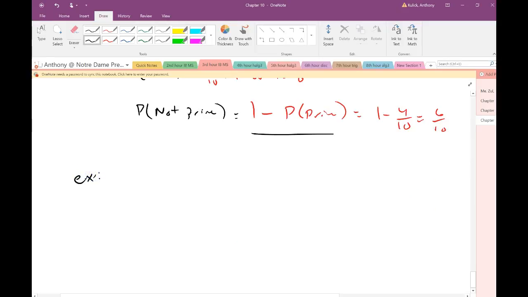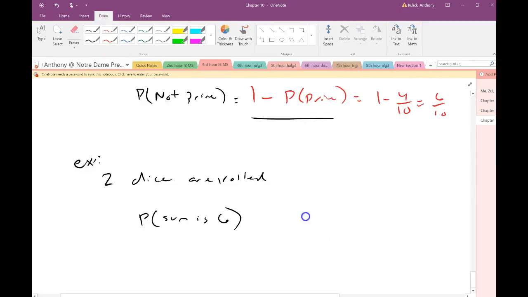Let's say we have 2 dice are rolled, and we want the probability that the sum is 6.